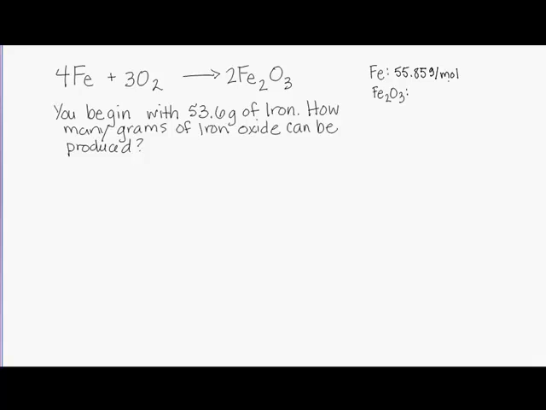To find the molar mass of something more complicated like iron oxide, we multiply the molar mass of the single element times the number of times that element appears in the compound. So for iron, we'll multiply 55.85 times 2, and for oxygen, we'll multiply 16.00, which is the molar mass of oxygen from the periodic table, times 3.